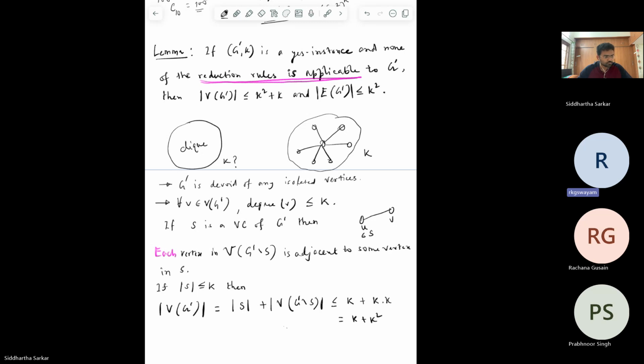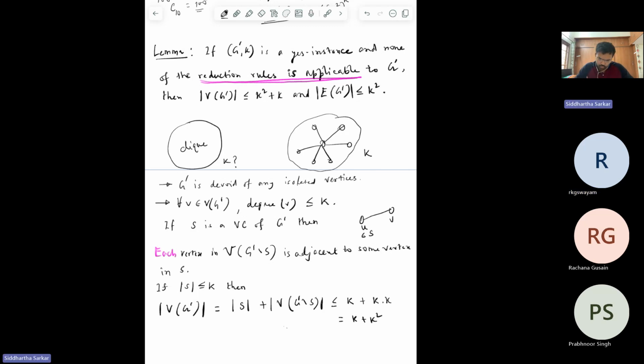So these many edges would definitely exist. No, I made a wrong statement. Independent set means that no edge exists between the vertices of that set. However, I could not understand why the number of edges is bounded by an amount of k square.